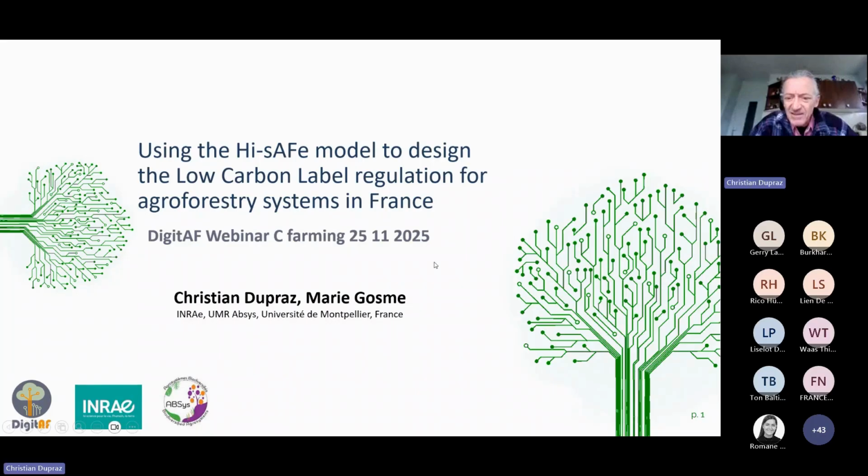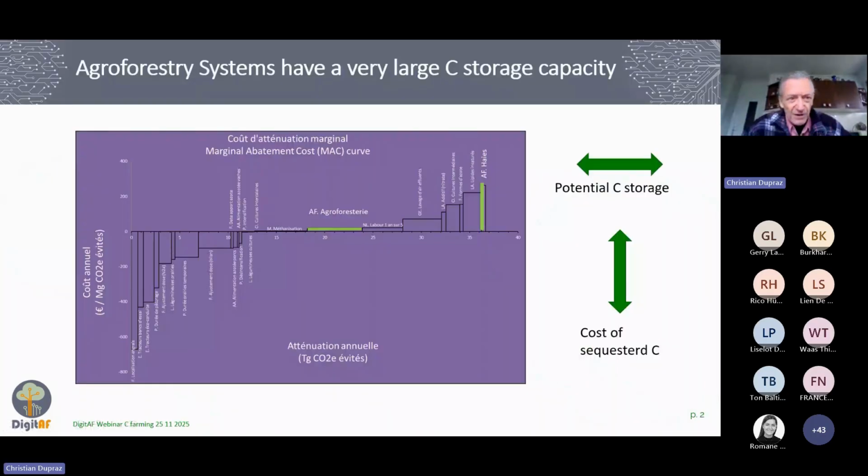So just to remind you that agroforestry systems have a very large carbon storage capacity. On this graph that was provided by a team of INRAE scientists about 8 years ago, we have all the options that farmers have to improve their carbon budget.